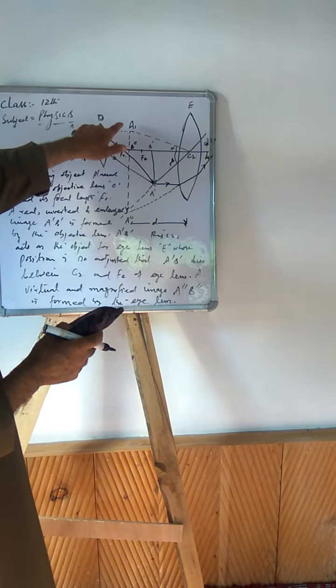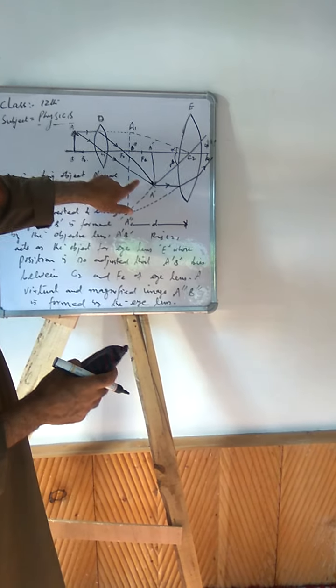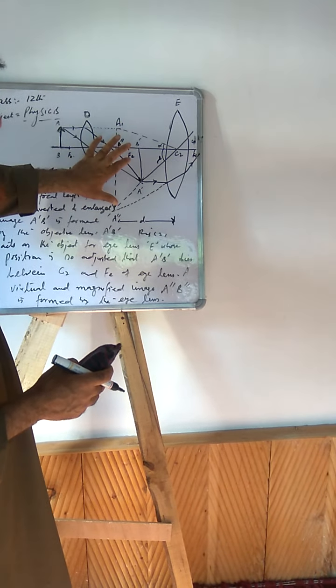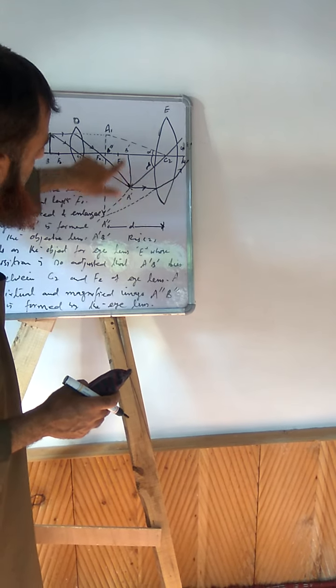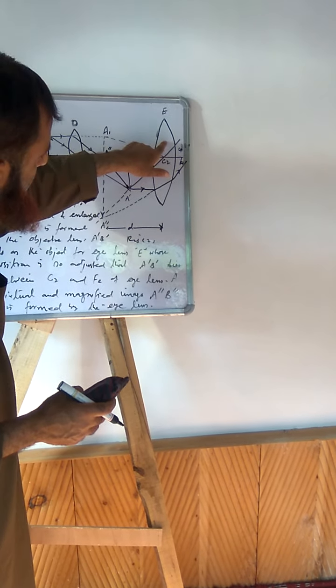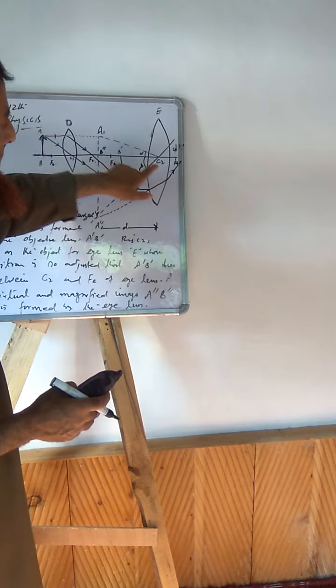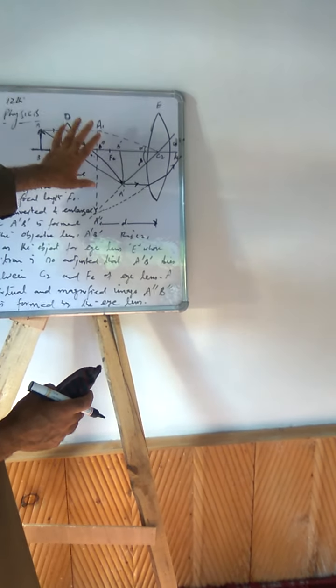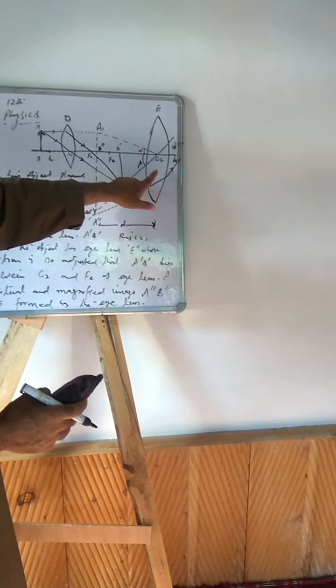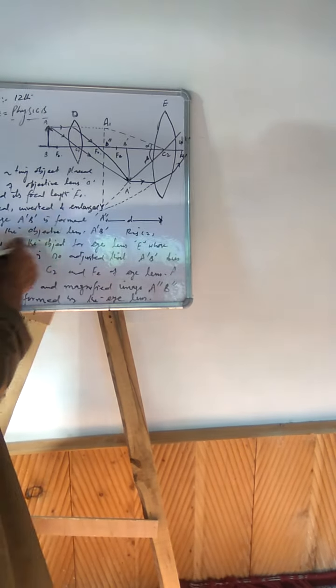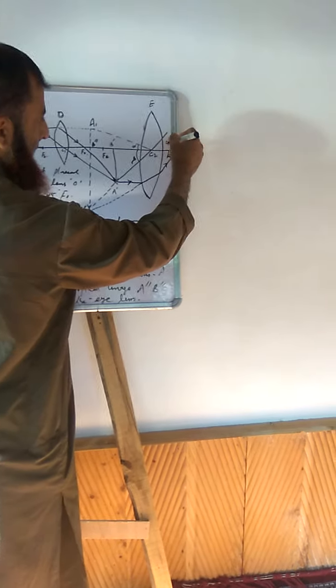This A double dash B double dash is the virtual and magnified image formed by the eye lens of the object A dash B dash. This A dash B dash acts as the object and it lies between the focal length and optical center, so a virtual and magnified image A double dash B double dash is formed by the eye lens or the eyepiece. And when our eye is placed close to the eyepiece, we see this virtual image.